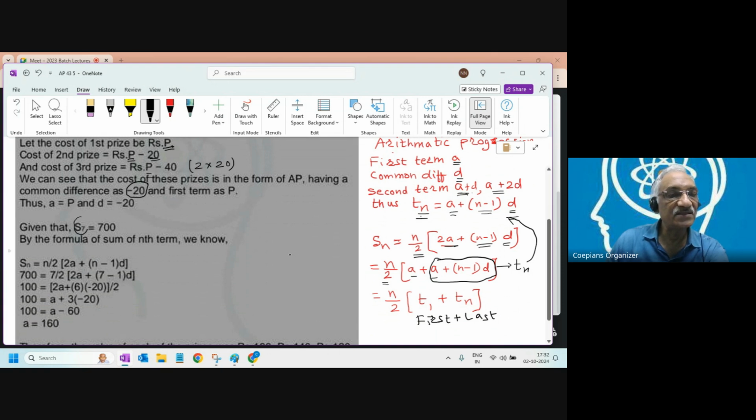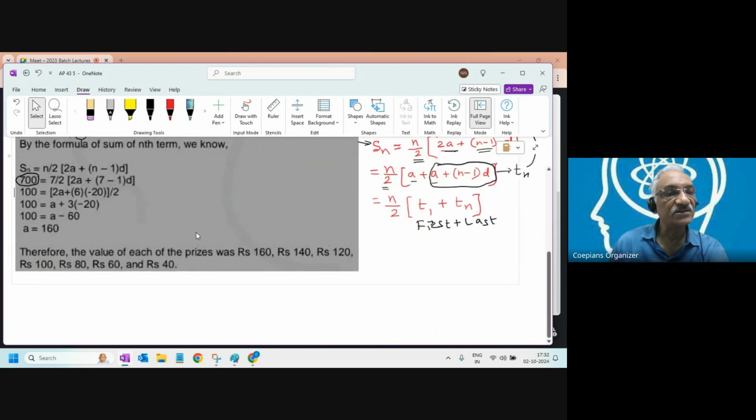Sn is given as 700. We use the formula Sn equals n by 2 into 2a plus n minus 1 into d. Now we substitute the values. We know Sn is 700, and the number of terms is 7.